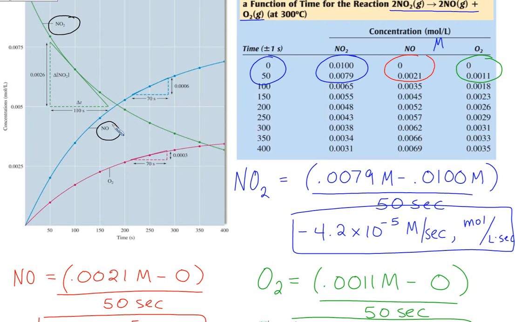But the reactant is decreasing in molarity or concentration, and the product is increasing. And if you look at the oxygen, it's increasing in concentration over time, but at a rate about half that of the other product. So the graphs are proportional to the ratio in the balanced equation, and the numerical reaction rates should also be related to the ratio from the balanced equation.